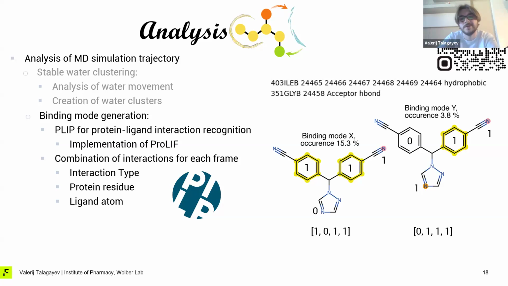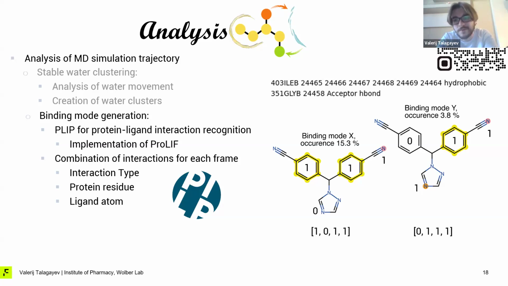For example, in binding mode X, we have two phenyl rings. Both of them are acting as hydrophobic interactions with a specific residue. And if there is an interaction present, then we give it a 1. If an interaction is not present, for example, like here in the triazole, then we give it a 0.